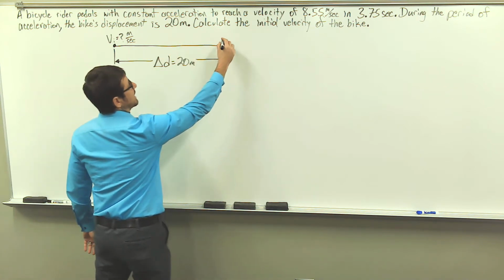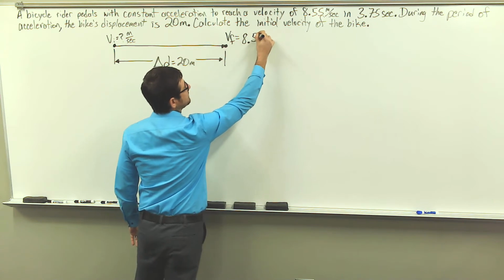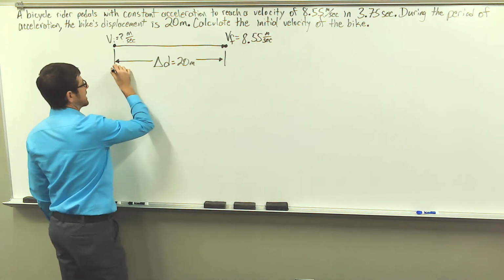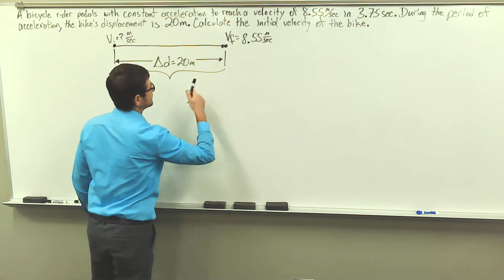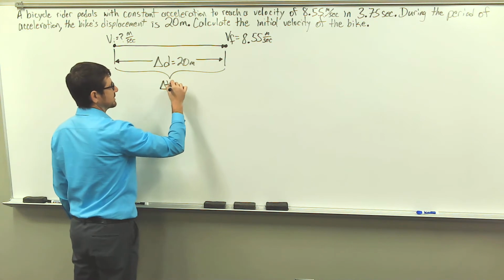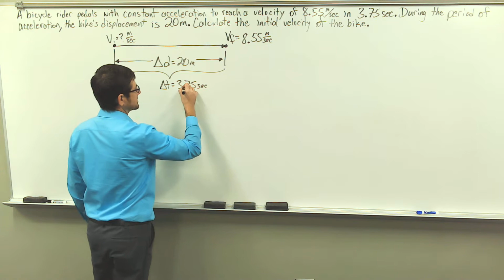Okay, so our final velocity is 8.55 meters per second, and the time required to travel the 20 meters is 3.75 seconds. So delta T is equal to 3.75 seconds.